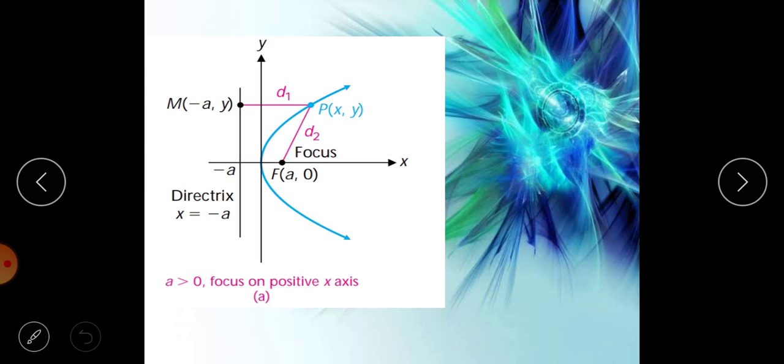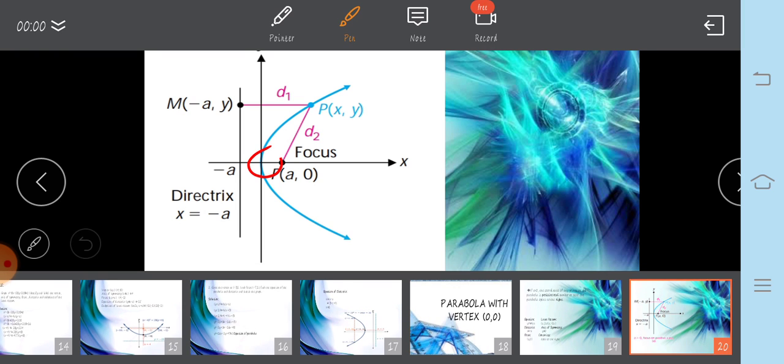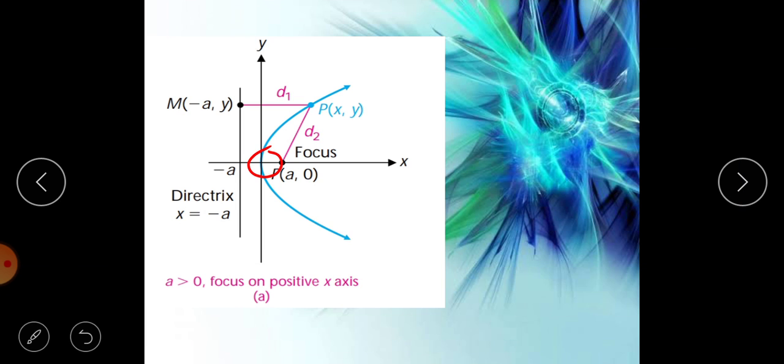So this is now the graph of the first equation. As you can see, the vertex of this parabola is here because this equation is at the center. So when we say the origin, it means that its vertex is at 0, 0.